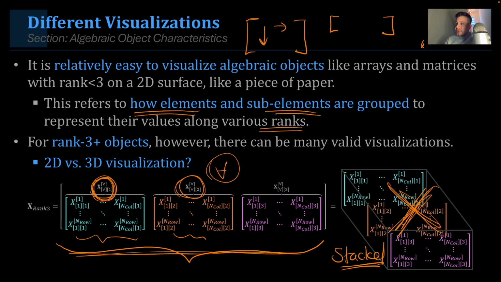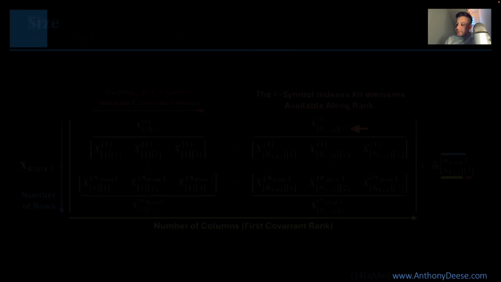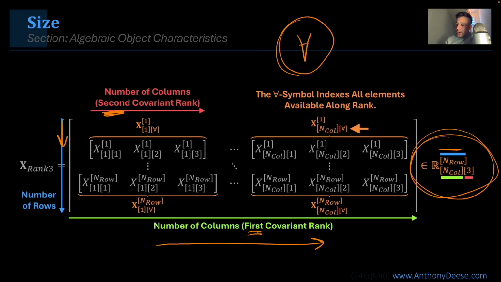With the 2D representation, something like this, with the embedded additional ranks, we know that the horizontal ones will be covariant and the vertical ones will be contravariant.